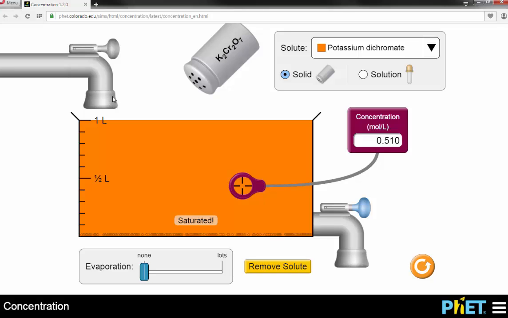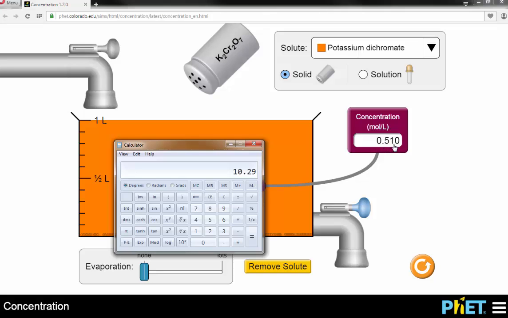So this means basically that I have reached my saturation limit. In the simulation, I can just look and see what the concentration is, and it's 0.510 moles per liter.